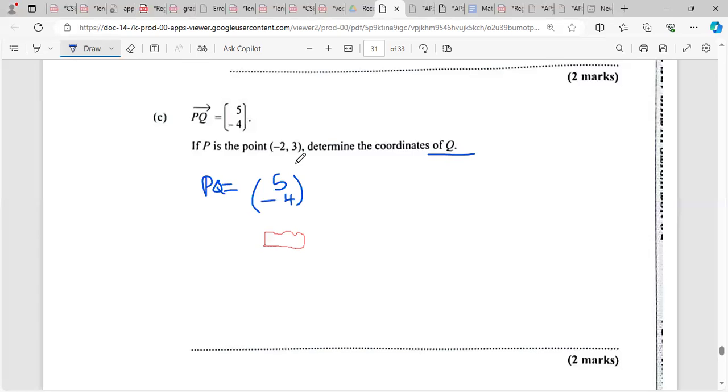So if we're at negative 2, 3, all I have to do is just add it to it.